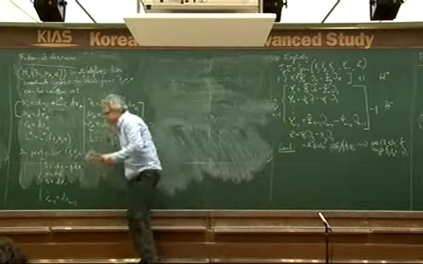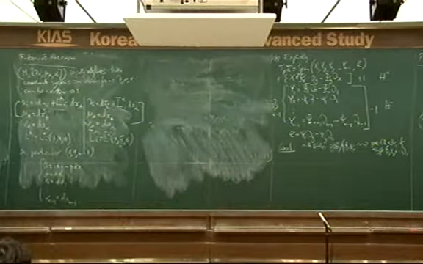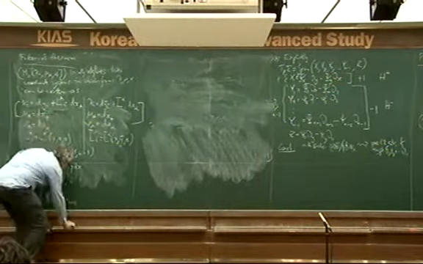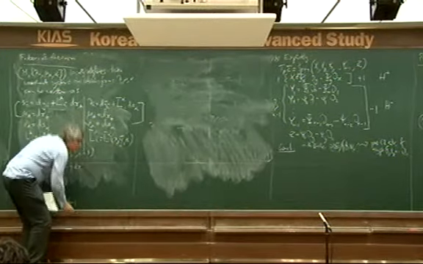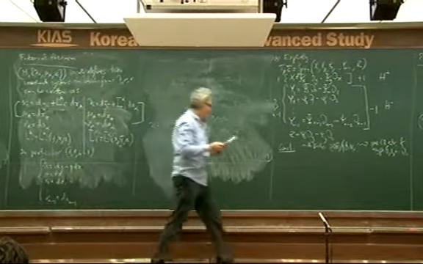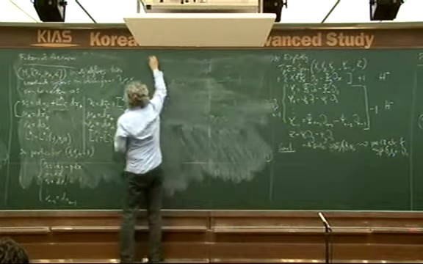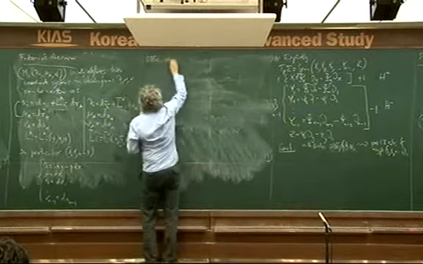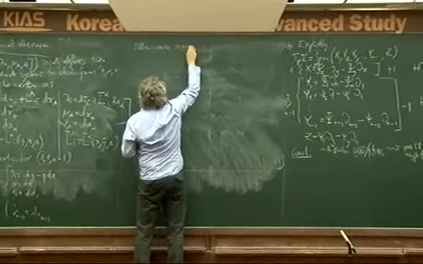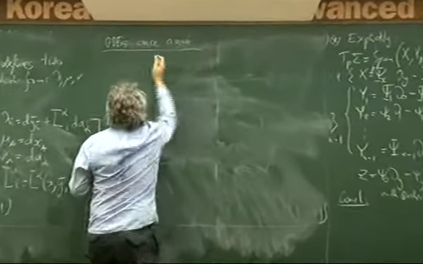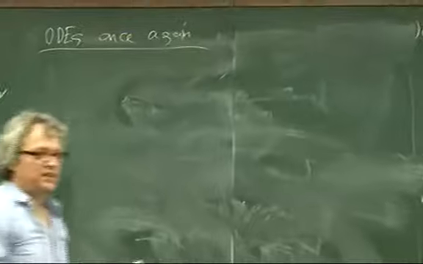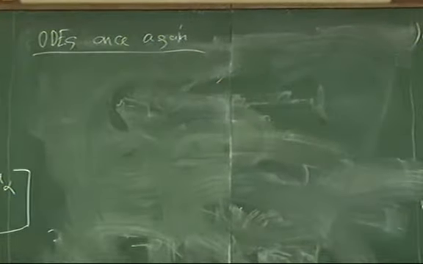So now let me start with ODEs once again, and now I will try to satisfy Ian Anderson. So ODEs once again. There's another way of defining para-CR structure for ODEs via this approach that Ian wanted.